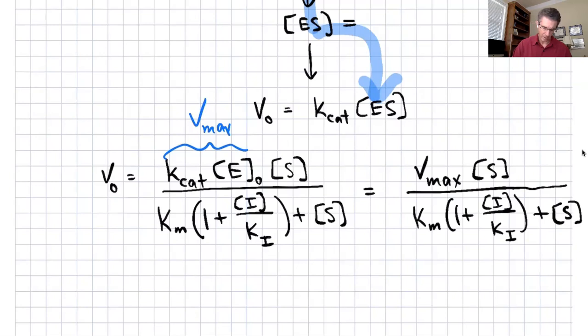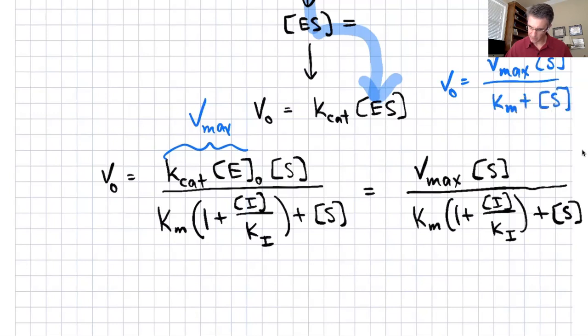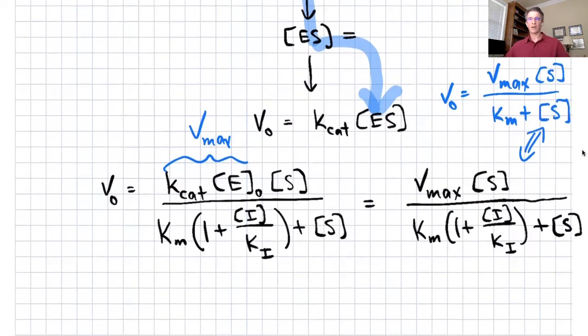If you remember, the initial rate expression from before was just equal to Vmax times the concentration of substrate over Km plus the concentration of substrate. Mathematically, the basic form of those two expressions is exactly the same. The only difference is that we now have a modified Km.